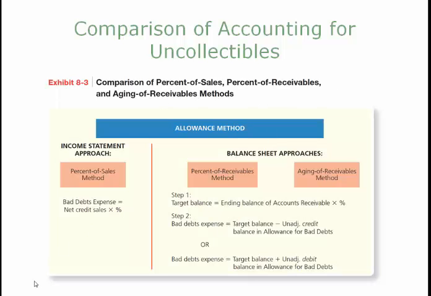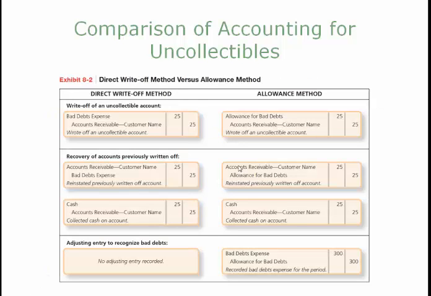Oh, my apologies. Let me go back because there's a couple more things I want to touch on here. And you can look, the recovery means that we just put it back on. And the difference here is the change in this account. The top part is the same, customer name, accounts receivable, but the bottom is where it differs. We reduce our bad debt expense and we increase our allowance account. We take it back out of the accounts.